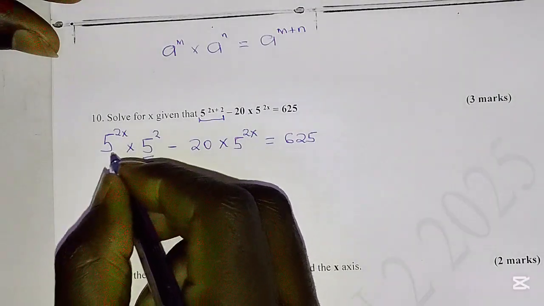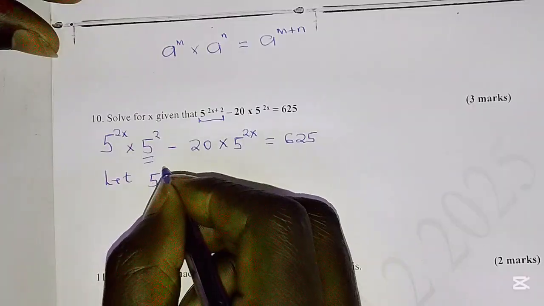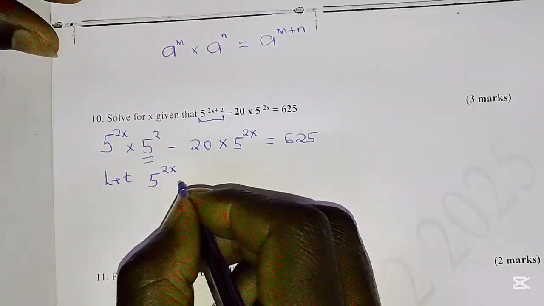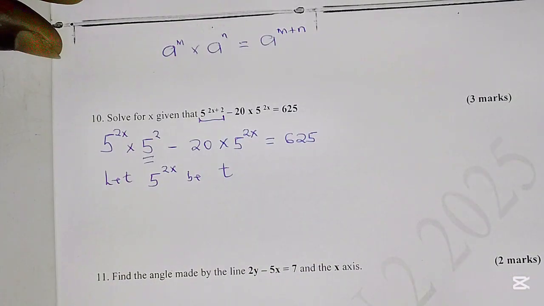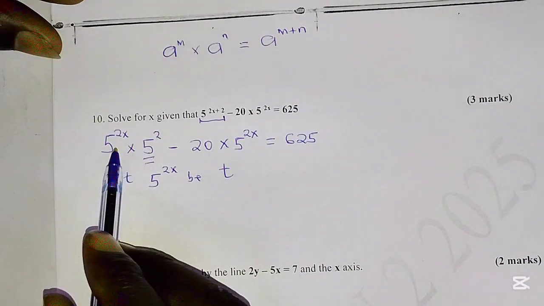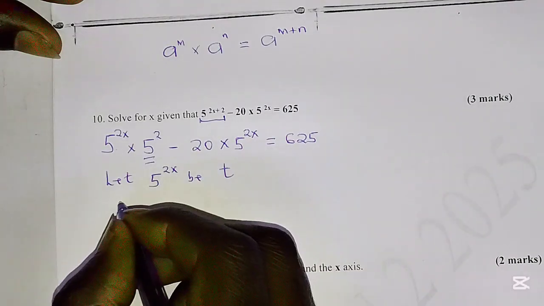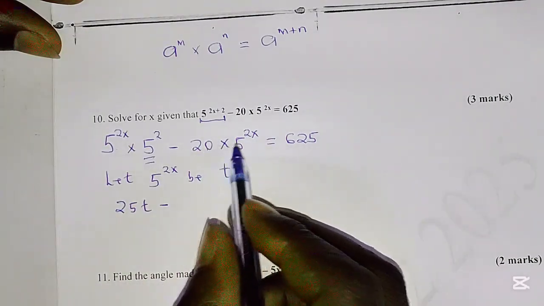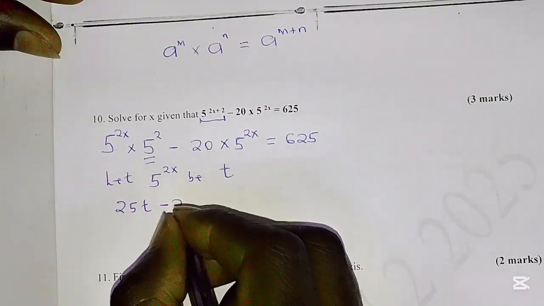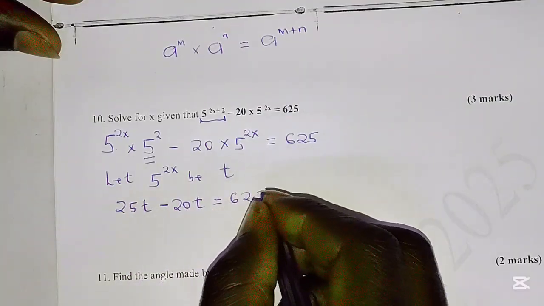So we are going to let 5 to the power of 2x represent a certain letter. You can take t. So here you're going to have 25t because it's 25 multiplied by t. So it is 25t minus 20 multiplied by t. 20t is equivalent to 625.